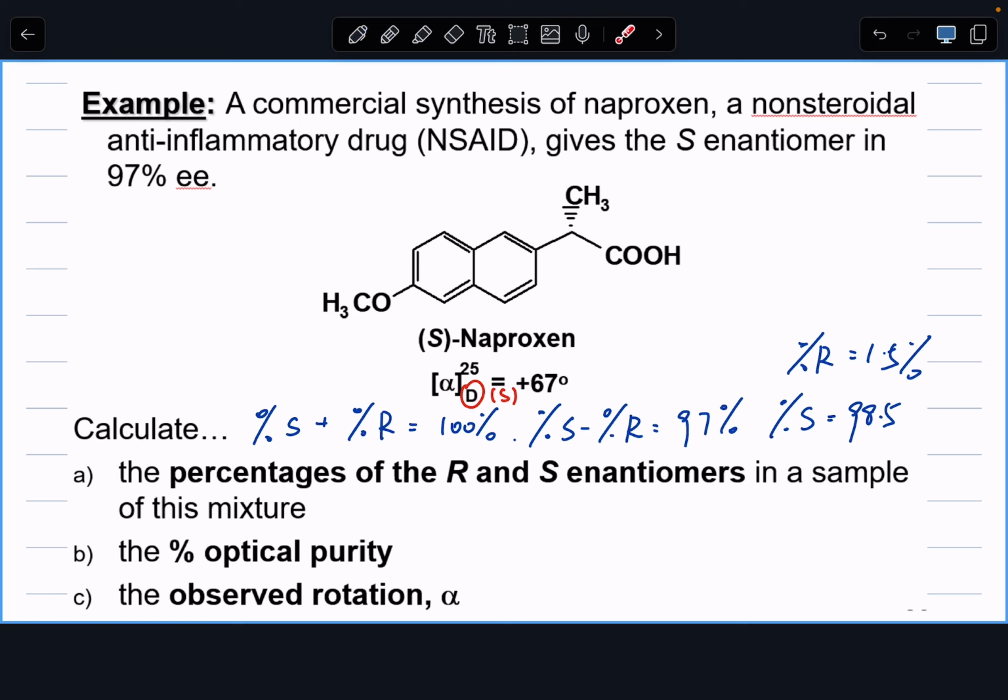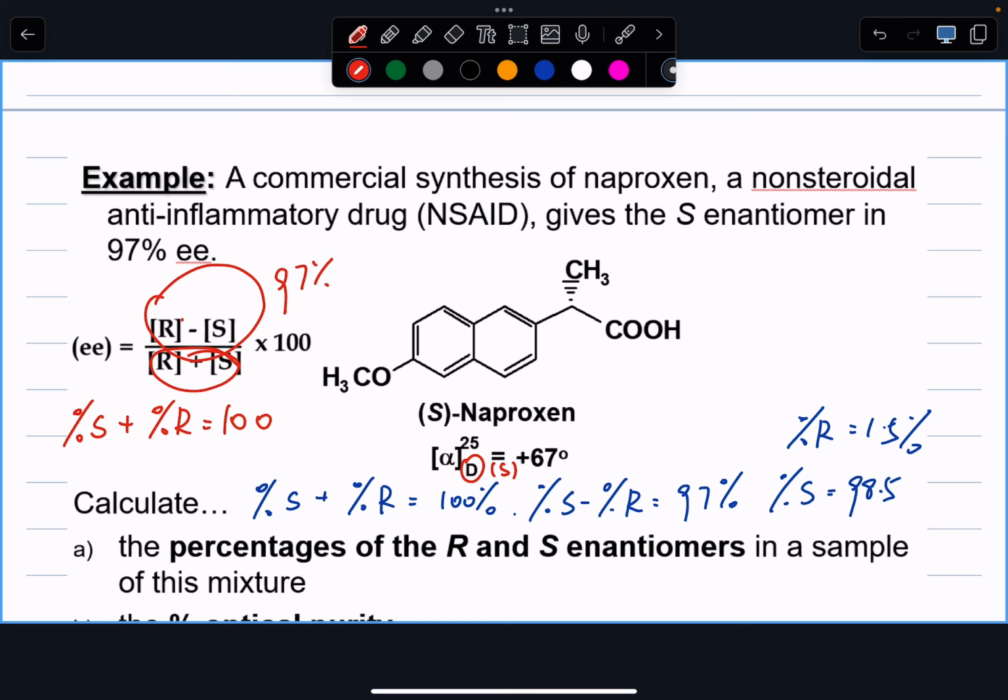Okay, so what is my percentage EE? I know that my percentage S plus percentage R must be 100, and the difference is 97.